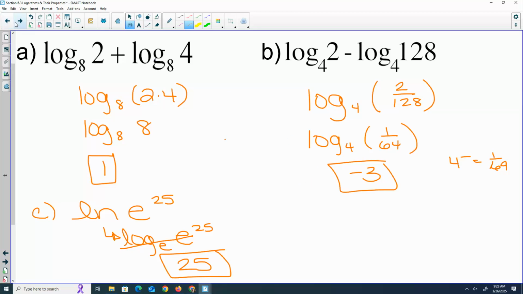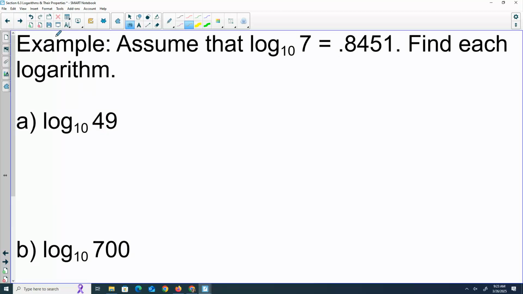Last one, I just want to keep practicing using these properties. So let's say I told you, I know we could do these on a calculator, but I'm asking you to use the properties. Log base 10 of 7 is equal to 0.8451. And I want to use that piece of information to find log base 10 of 49.